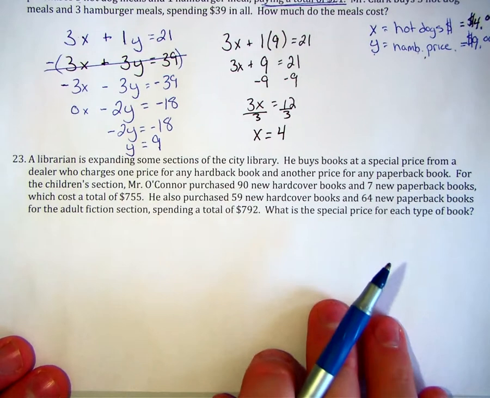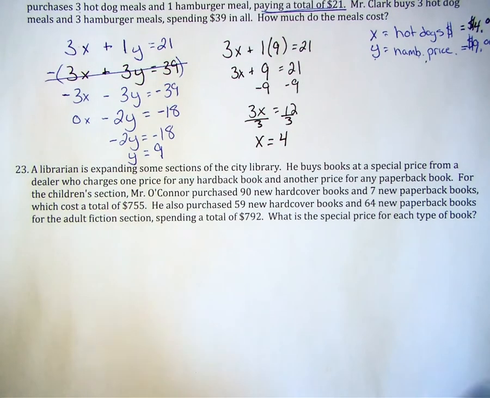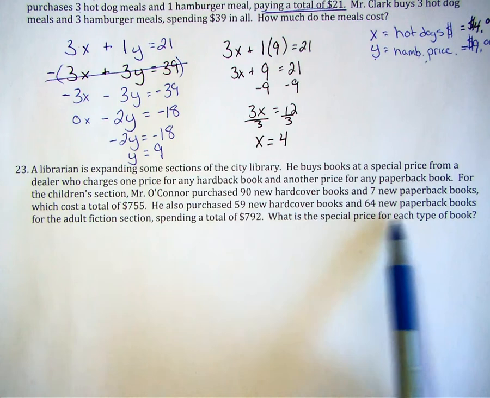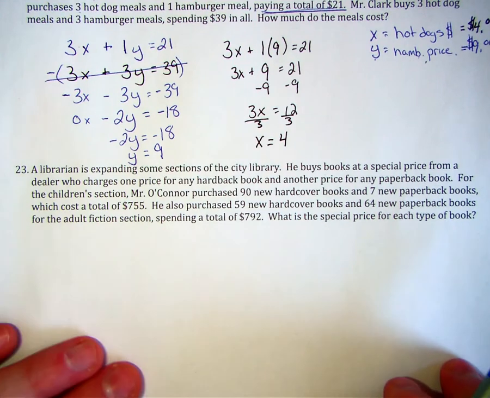Question 23. A librarian is expanding some sections of the city library. He buys books at a special price from a dealer who charges one price for any hardback and another price for any paperback. I'm going to skip over some of the information because we now get down to what's the special price for each type of book.